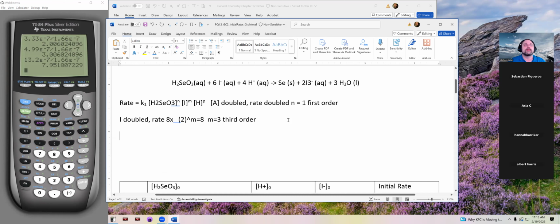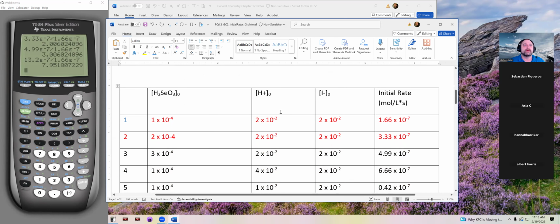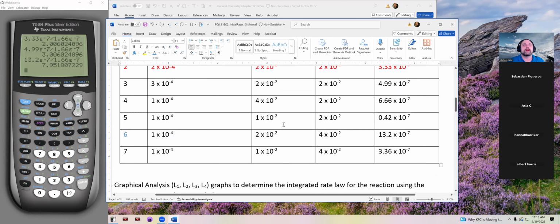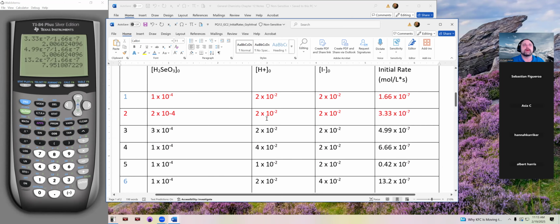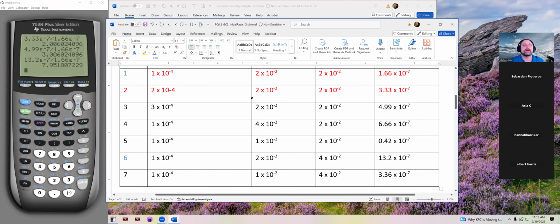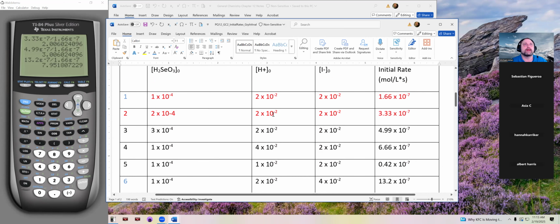And so then all we really have to worry about is the H. So the H is this middle column. And I'm looking for places where it changed. I've got a couple of different places, and I need to be careful that it's the only thing that changes. I noticed a change here, 2 and 4, but it changed over here for the selenium as well.